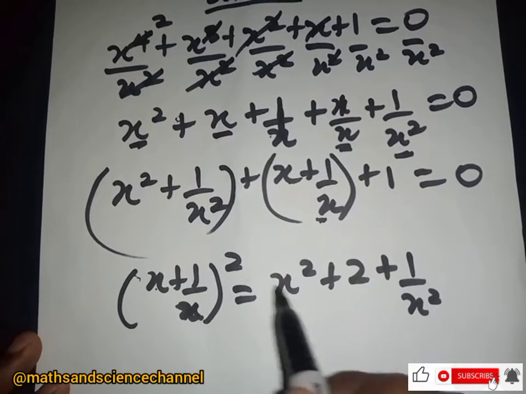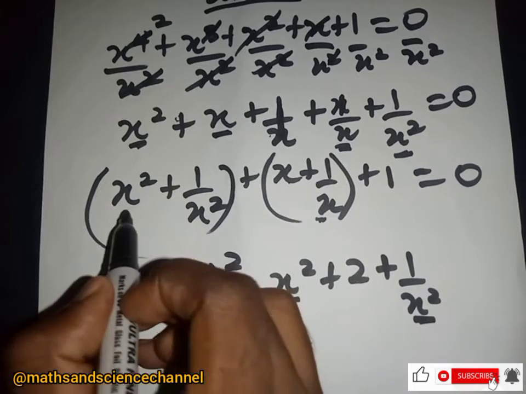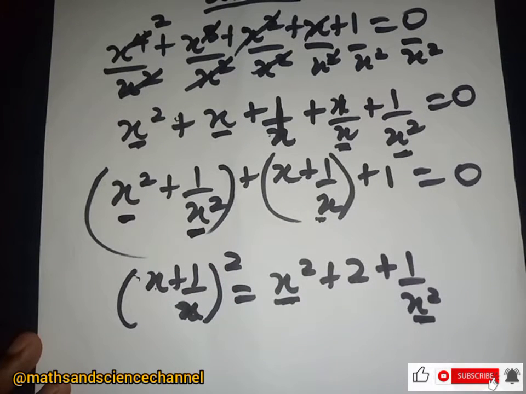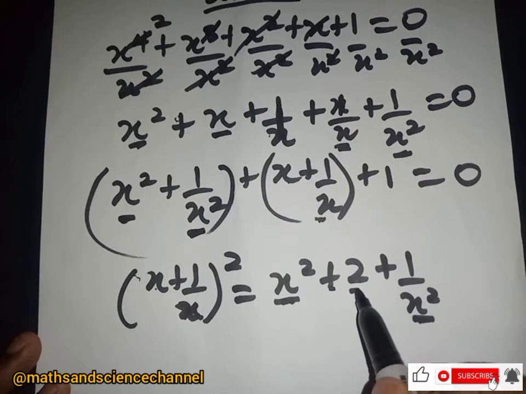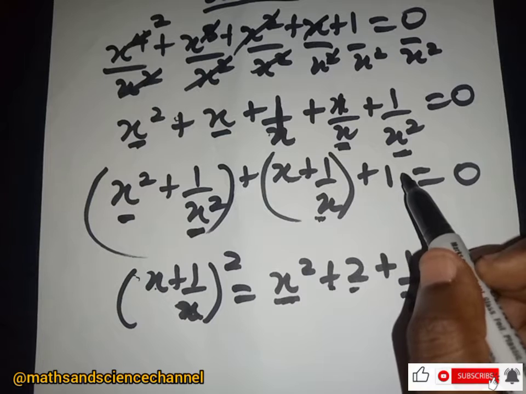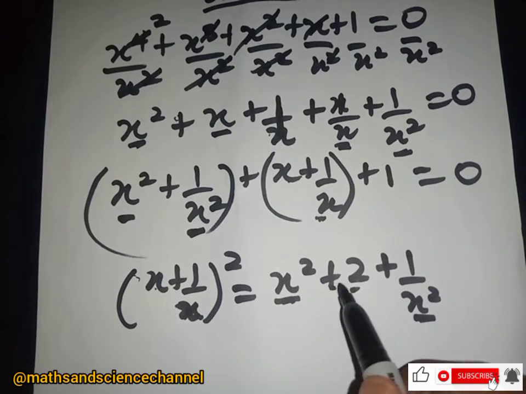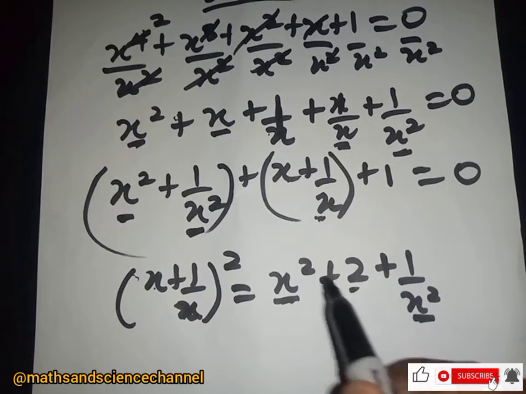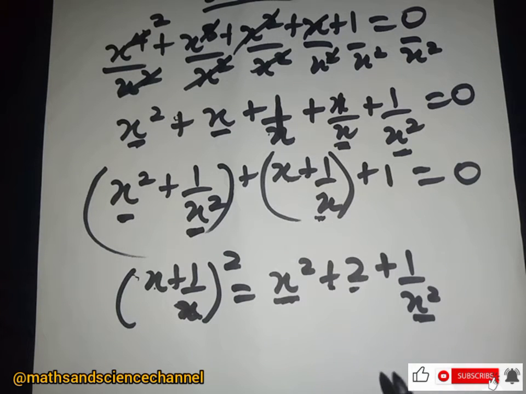So you can see that we have the x squared and 1 over x squared, which looks similar to this, but then we have plus 2 over here. So we can just subtract 2, so that plus 2 minus 2 goes away, and then it's going to look similar.